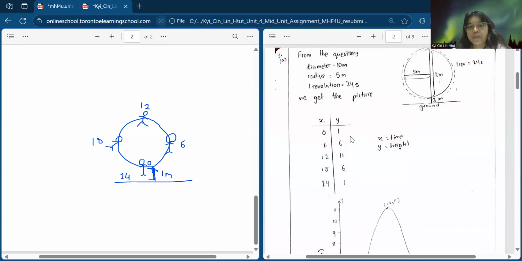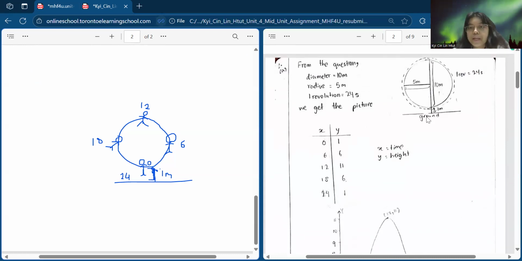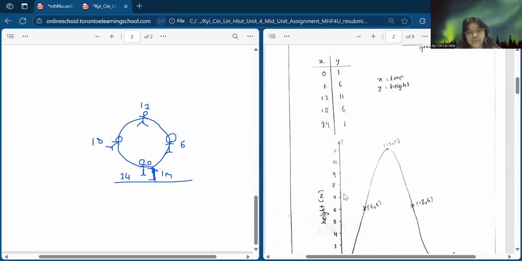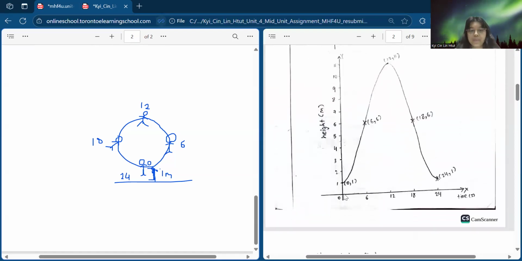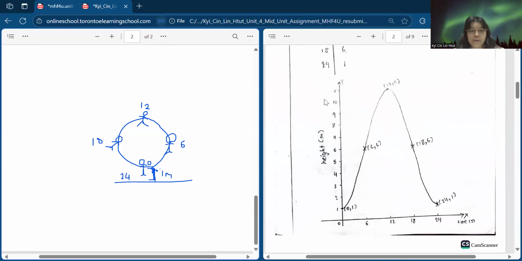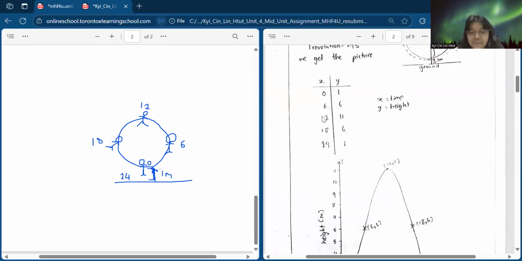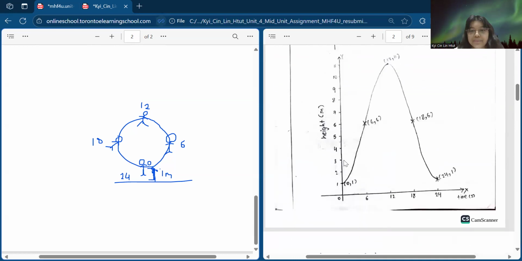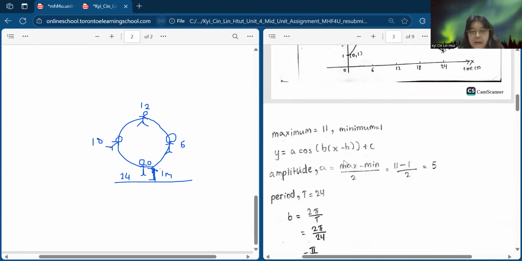The same thing goes with the 12 seconds. At 12 seconds, it should be at the highest point, the diameter is 10 meters, but with the 1 meter, it is going to be 11, and so on. And from here, I could graph based on this table. And this is what we get for that.